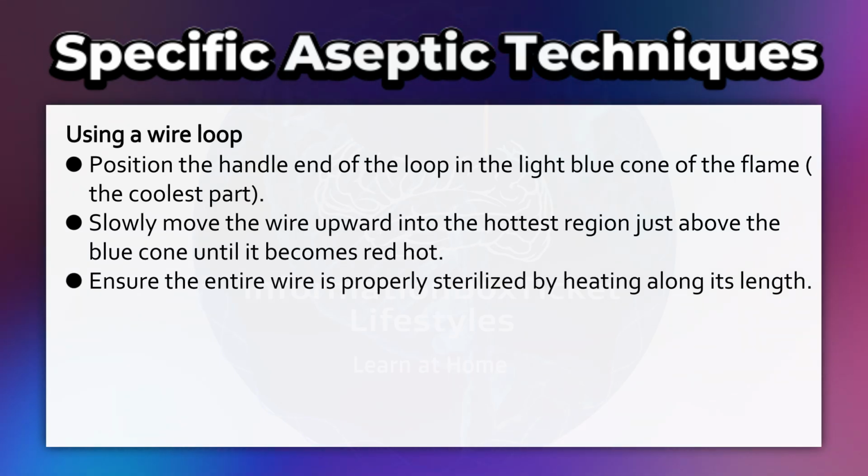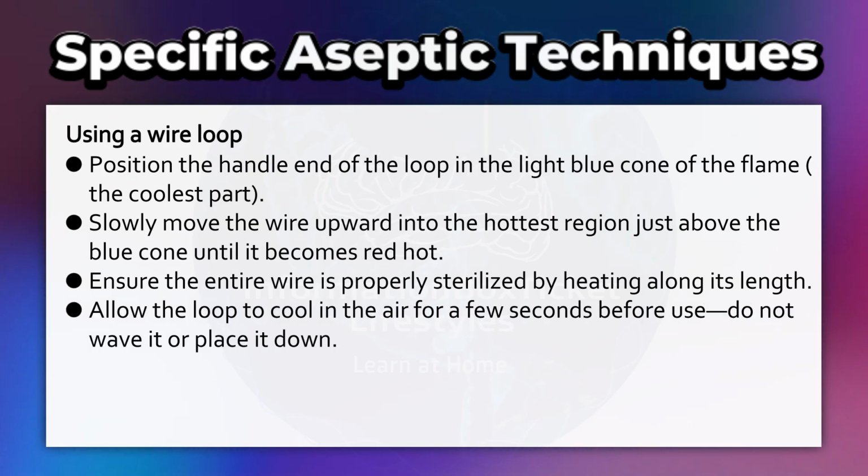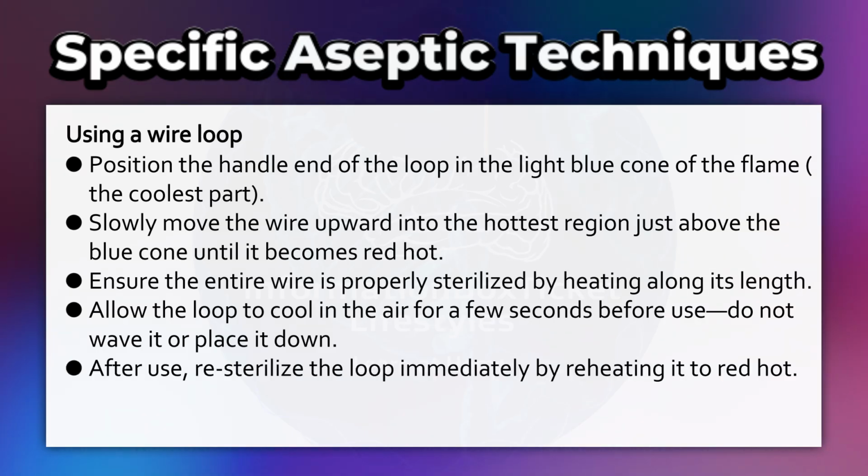Ensure the entire wire is properly sterilized by heating along its length. Allow the loop to cool in the air for a few seconds before use. Do not wave it or place it down. After use, re-sterilize the loop immediately by reheating it to red hot.